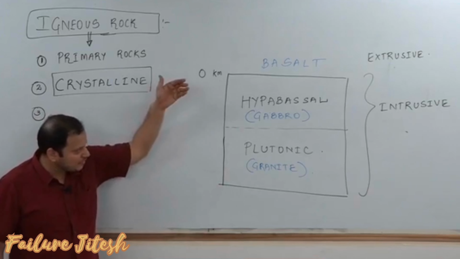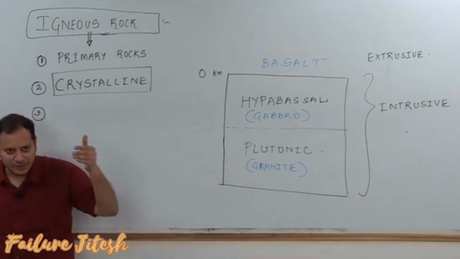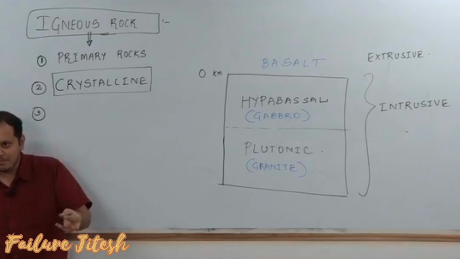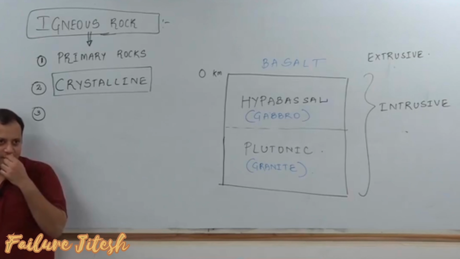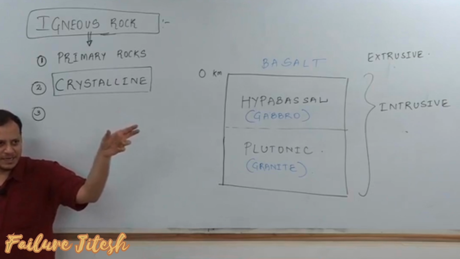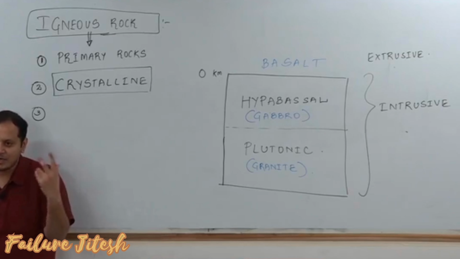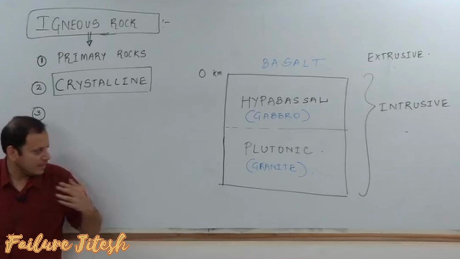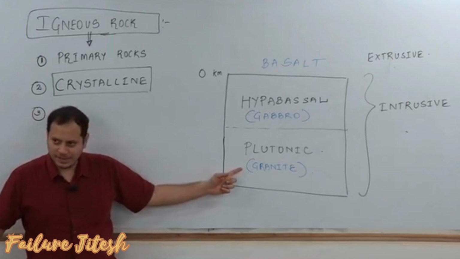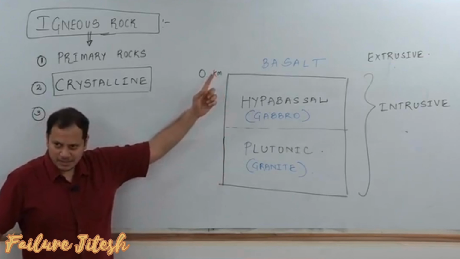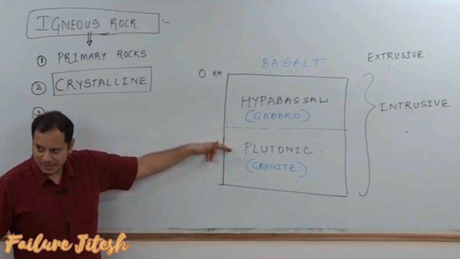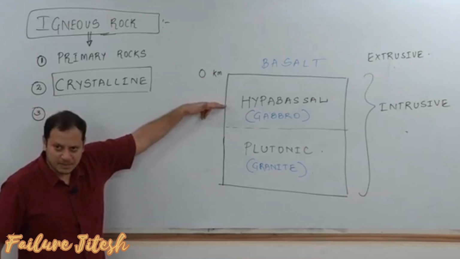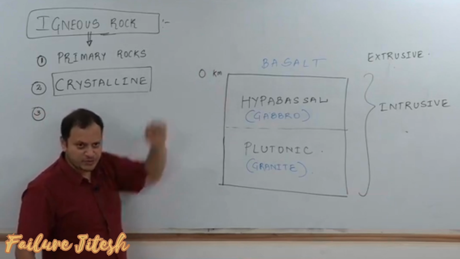Now tomorrow if they give you these three rocks and ask you to arrange them in the descending order on the size of the crystals. Descending order means from bigger crystals to smaller crystals. So what is the answer? Granite, gabbro and basalt. Or if they do not give you rocks, then plutonic, the biggest crystals, then hypabasal and then extrusive.